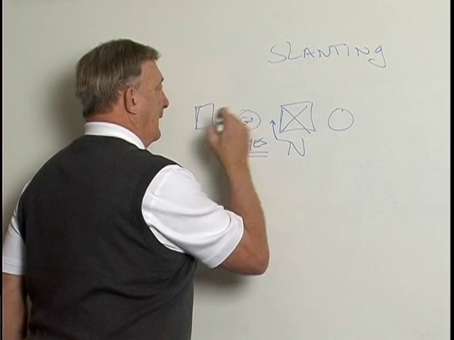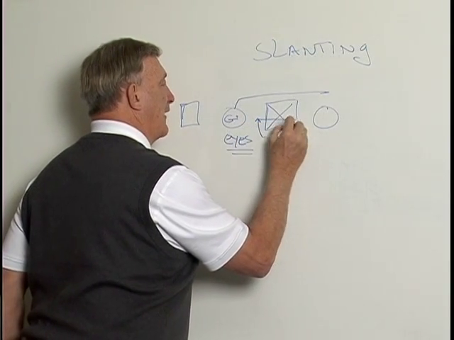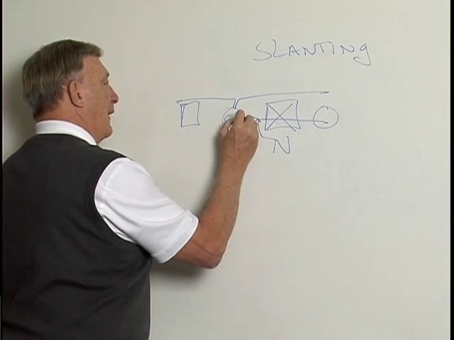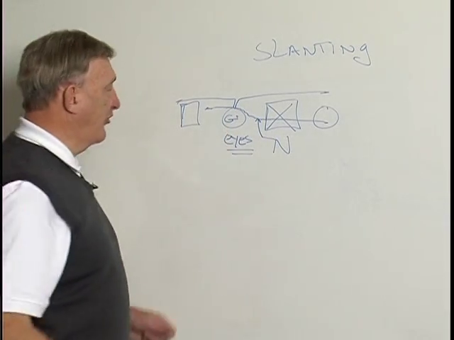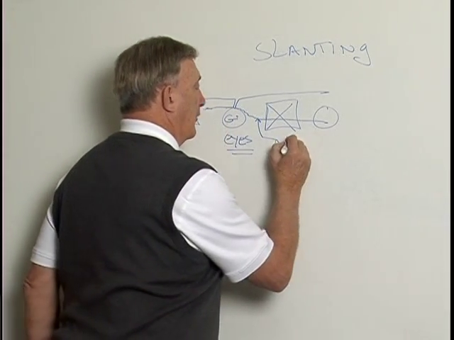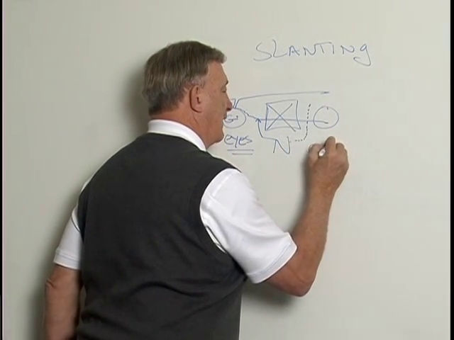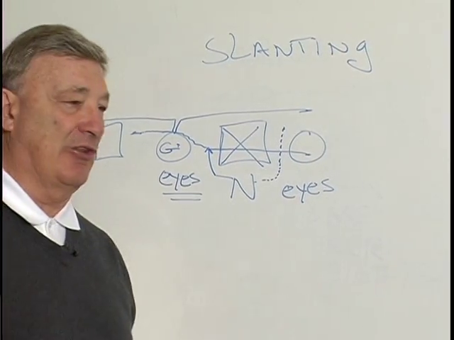And again, if he's pulling this way, we expect to fight our way back across and down the line. If he is pulling this way, we expect to get right in his hip pocket and follow him right down the line. So when we are slanting, say we're slanting this way, our eyes have got to go to the next offensive lineman to the side that we are slanting to.